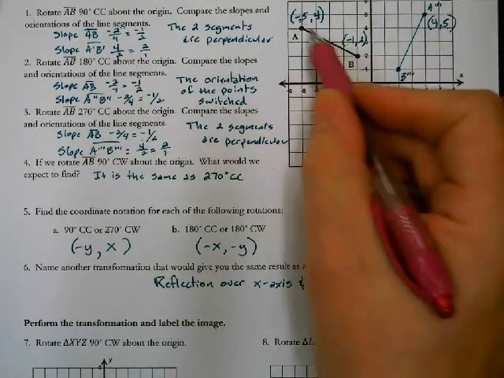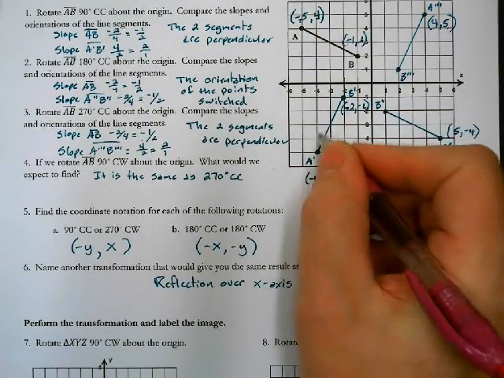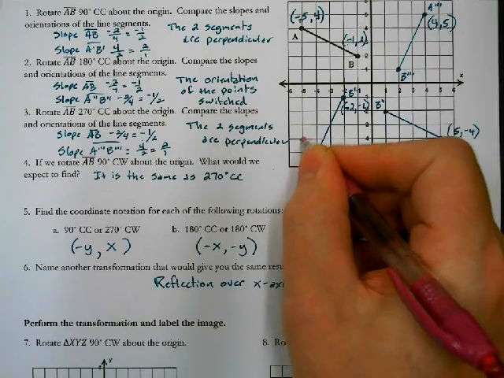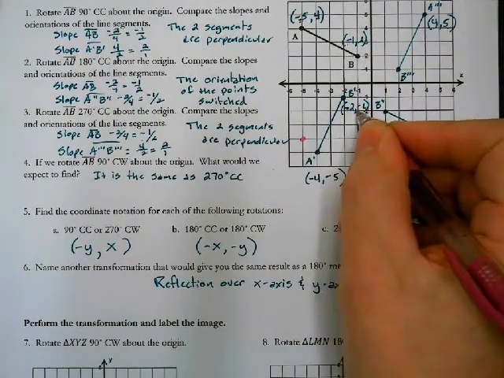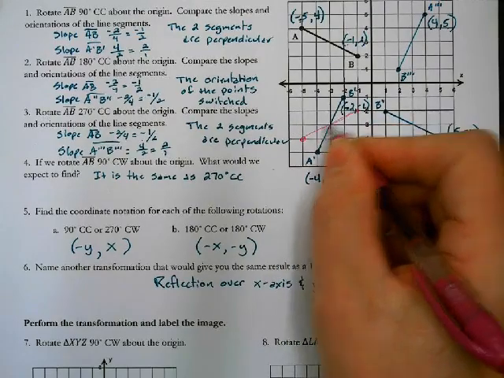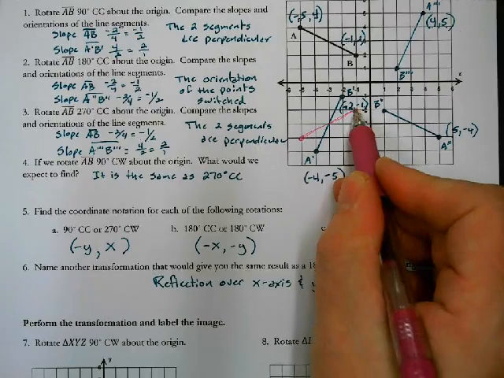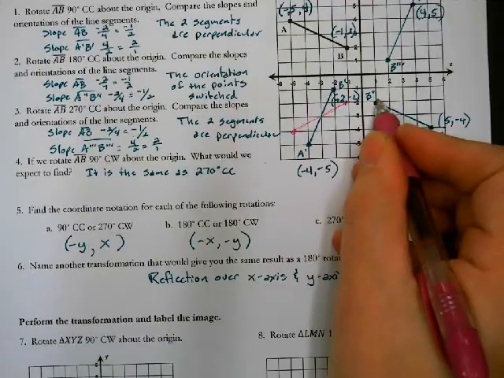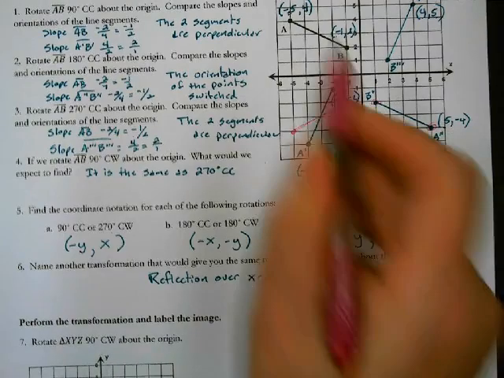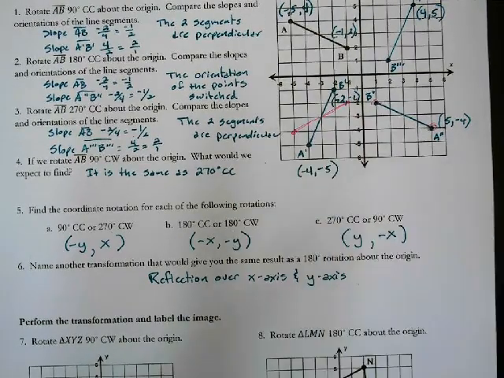This point would move down to here. This point would move down to here. So that would be our reflection over the x. And then if I reflect over the y, look what happens. This point moves to here, and this point moves to there. So if I reflect over the x, then reflect over the y, that would be the same thing as a 180-degree rotation.